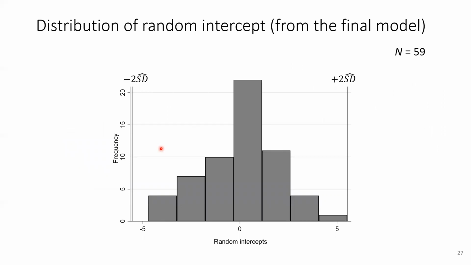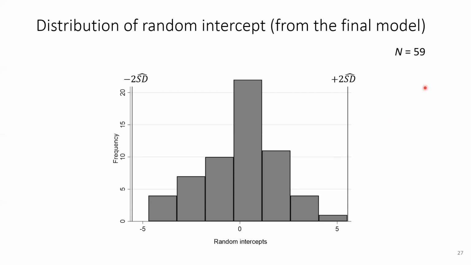Okay, now this is somehow specific to the mixed effect model. So we can estimate city-specific intercepts, or random intercepts. And this is a histogram of 59 random intercepts.